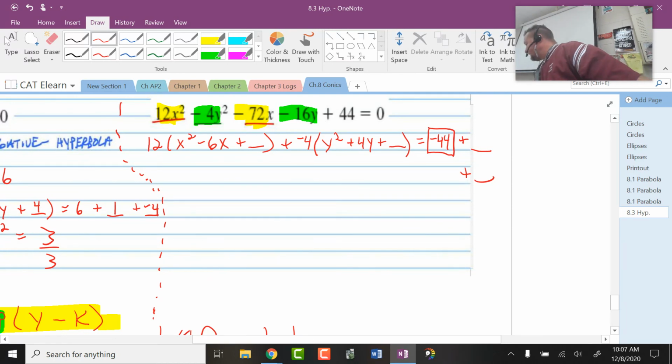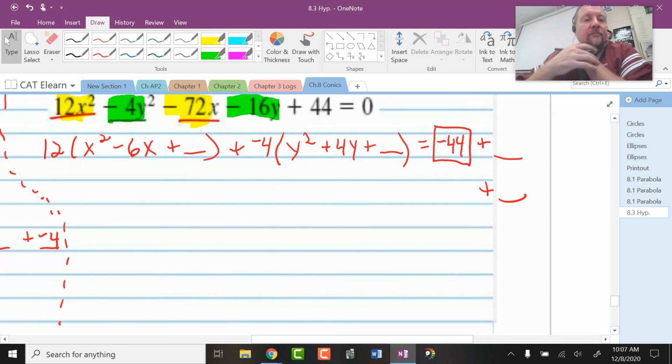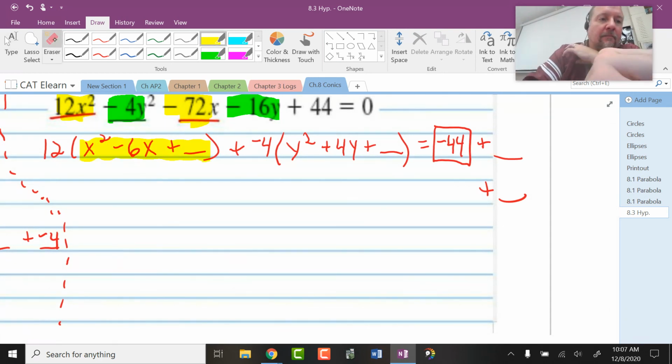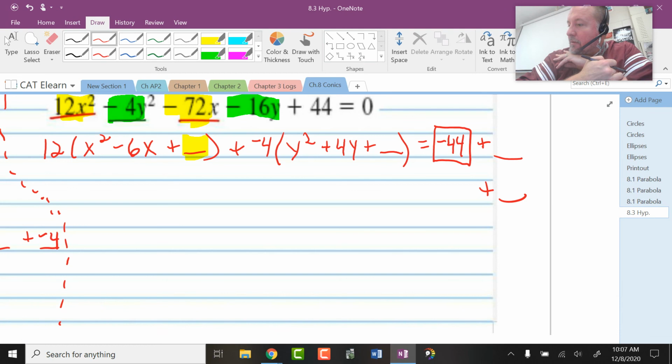Student number 16, Amanda. What are these 2 blanks? So completing the square, what's this first blank? What's half of negative 6? And then square it.